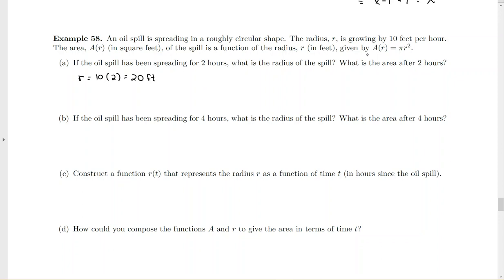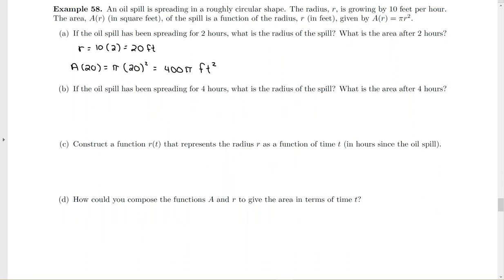Well, our radius is 20 feet, so we're going to plug in 20 feet. It's going to be pi times 20 squared, or 400 pi, and then area is in feet squared. I'm just going to leave it with the pi symbol to keep it exact, rather than round it to 3.14 and then multiply.